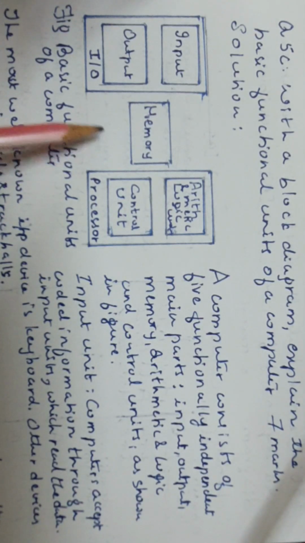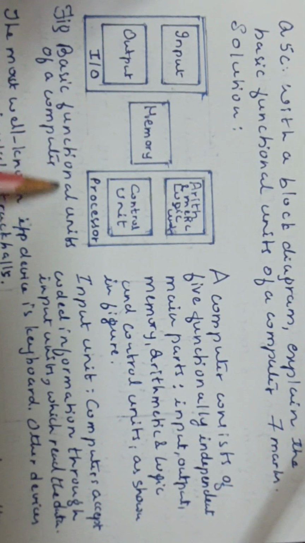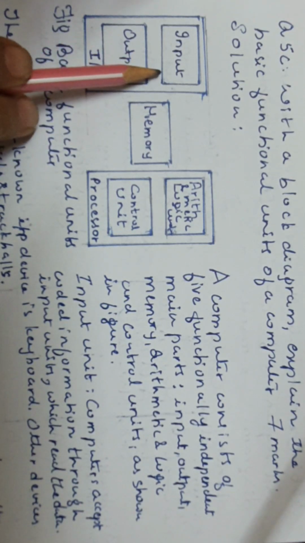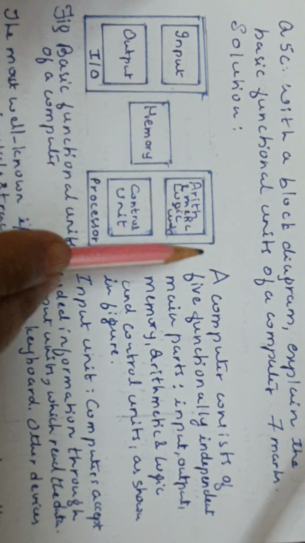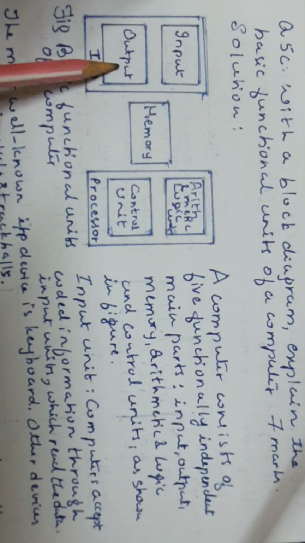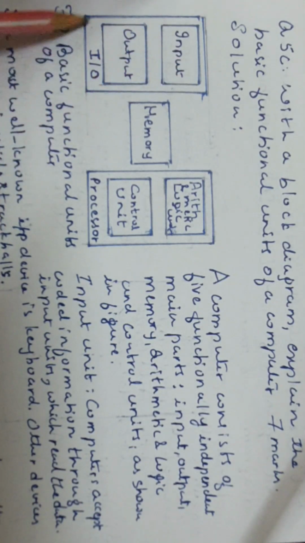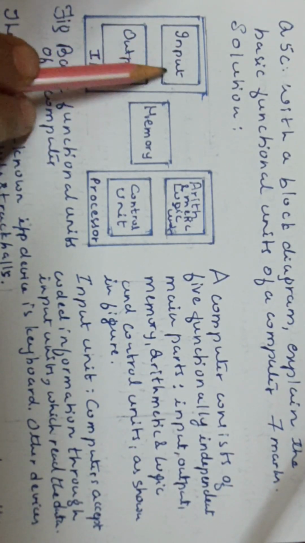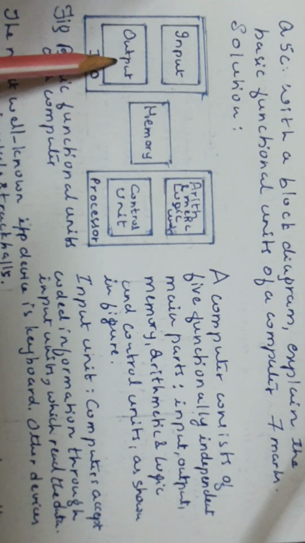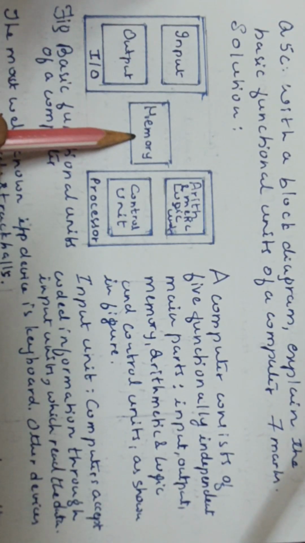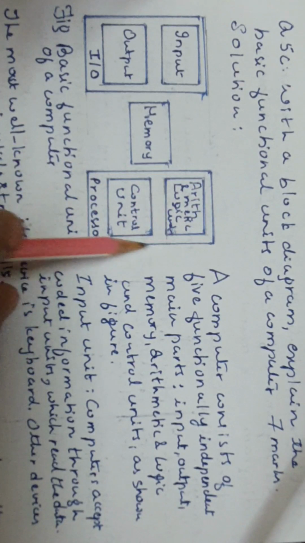So here the diagram for the basic functional units of a computer is drawn. There are 5 blocks or 5 units. The first one is input and output; this is called the IO block, input output block. There are 2 units, input and output, and this is the memory unit, and here this is the processor block.